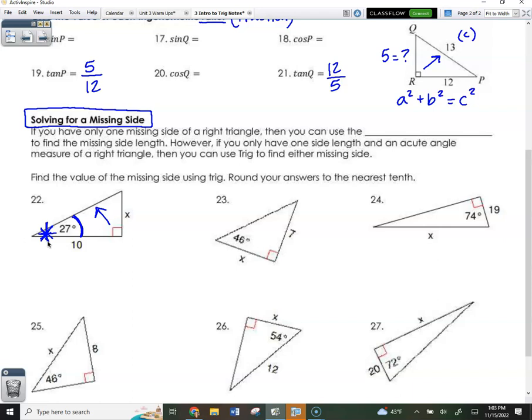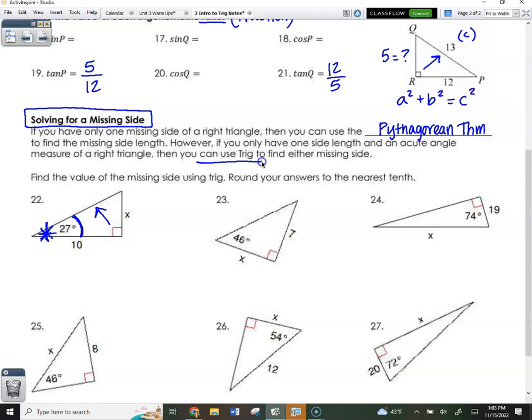If you have only one missing side of a right triangle, then you can use the Pythagorean theorem to find the missing side. But if you have more than one missing side, you can't use the Pythagorean theorem. Instead, you would use trig, which is what we're about to do.